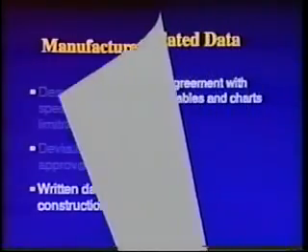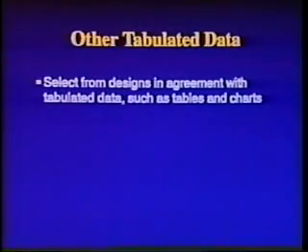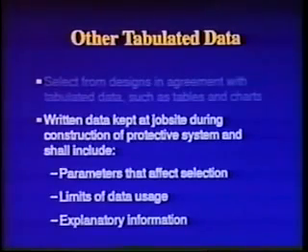The third option when choosing the use of support, shield, or other protective systems is design using other tabulated data. The contractor may select from designs in agreement with tabulated data, such as tables and charts approved by a registered professional engineer. The written data are to be kept at the job site during construction of the protective system and shall include the parameters that affect system selection, the limits of data usage, and any explanatory information necessary to make the correct system selection.